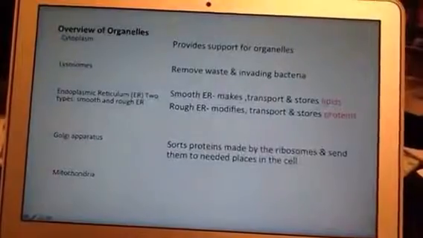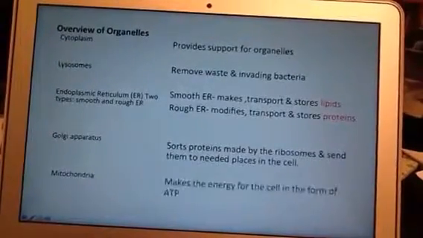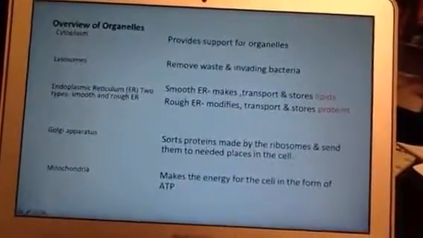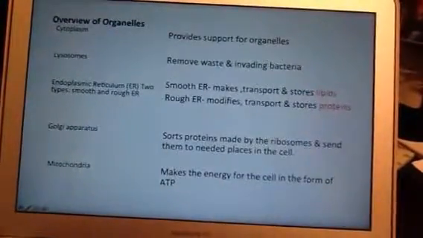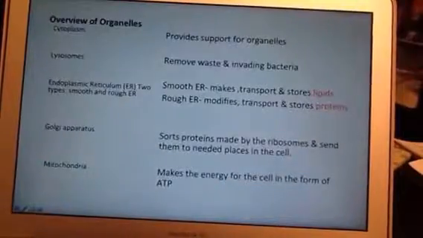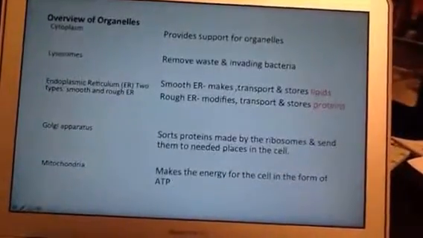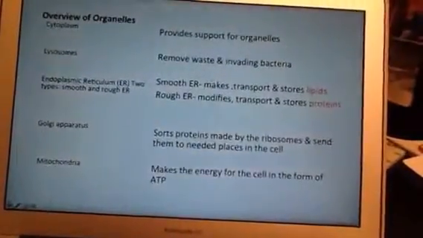Then the mitochondria is the powerhouse of the cell, because it makes most of the energy for the cell, and the form of energy is ATP. Mitochondria makes the ATP from glucose.